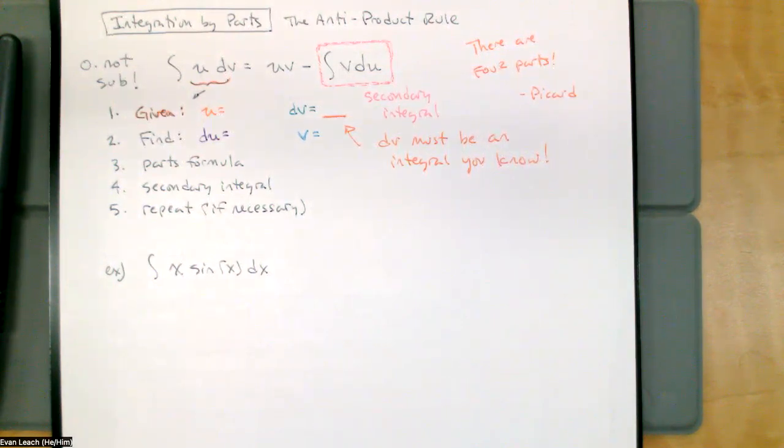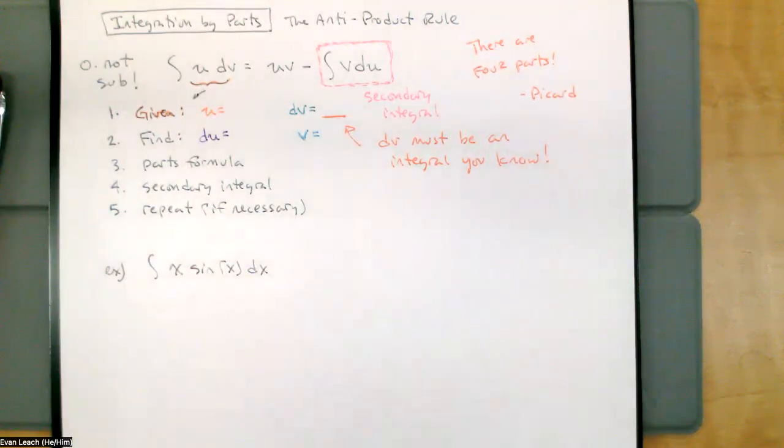Those of you who are wondering, there are going to be 3 more examples today: x sine x, x sine of x squared, and sine of x. One of them is not going to be a parts problem, because knowing the difference is an important aspect of it.